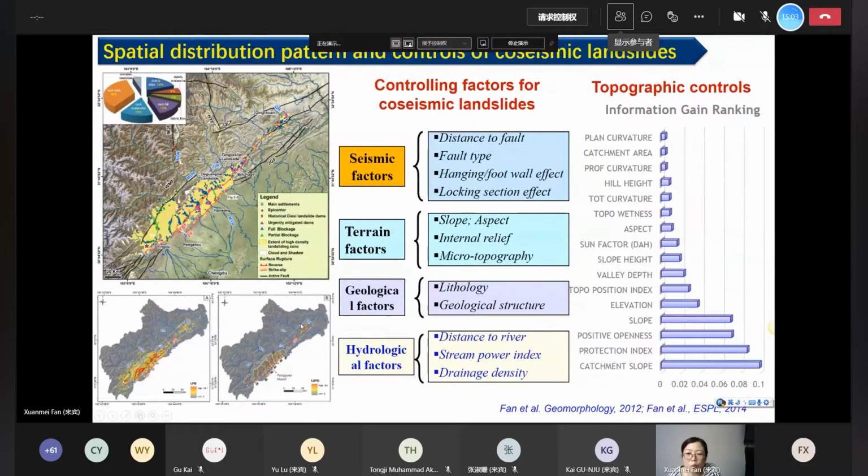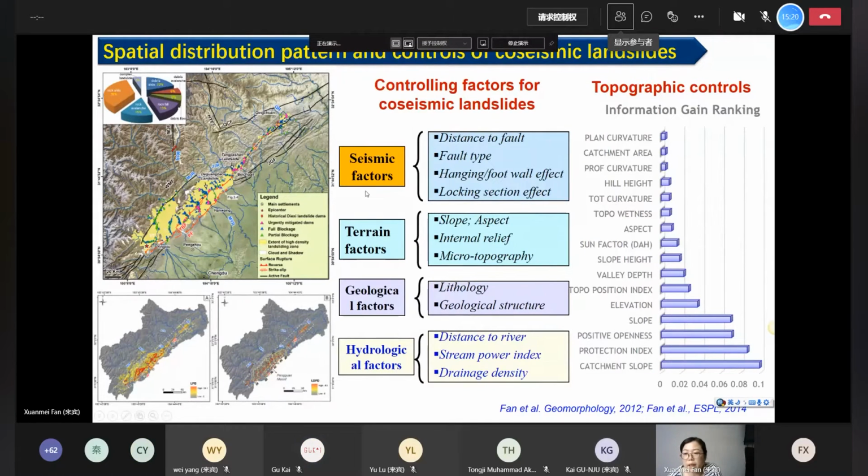First of all, we are trying to understand why an earthquake can cause so many landslides, and what the spatial distribution pattern of these landslides is. We found there are 3 types of controlling factors.